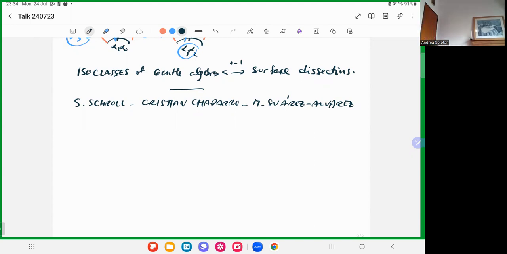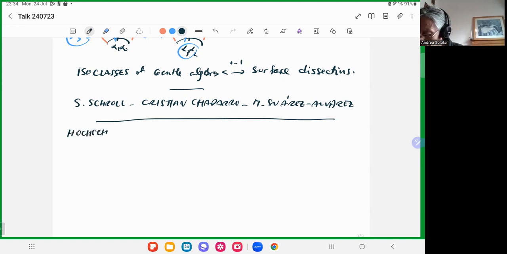Okay, so now I will start describing what we obtain for Hochschild cohomology. I will just give you the generators as a vector space of the Hochschild cohomology that we obtain in each degree.